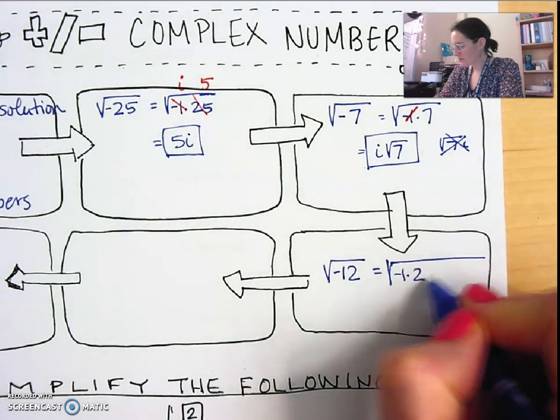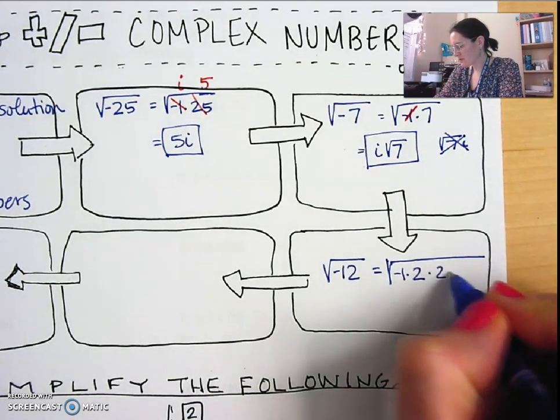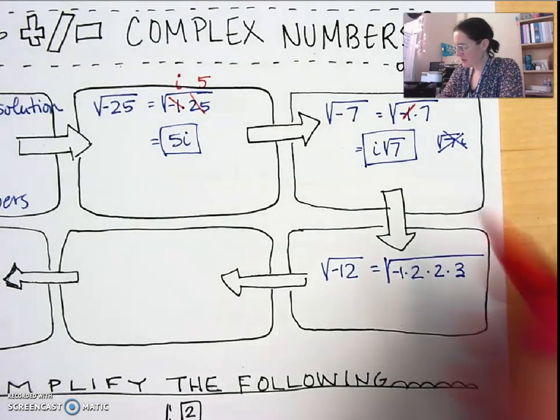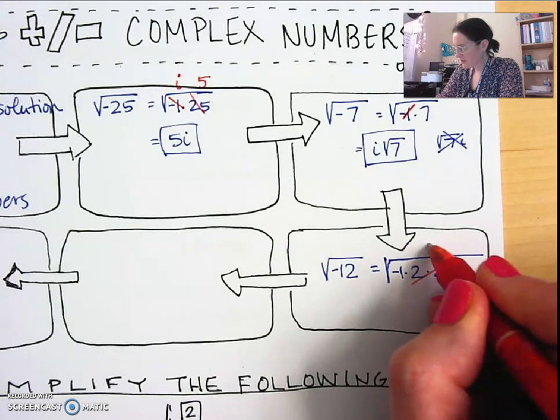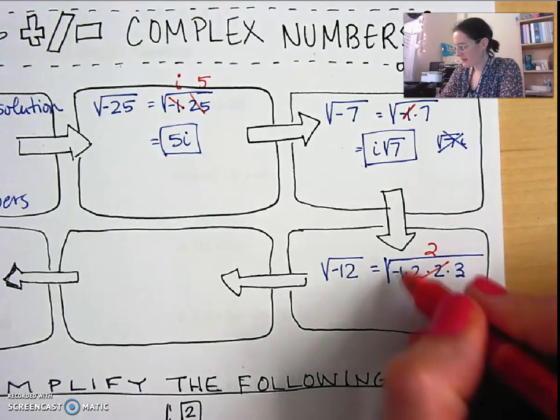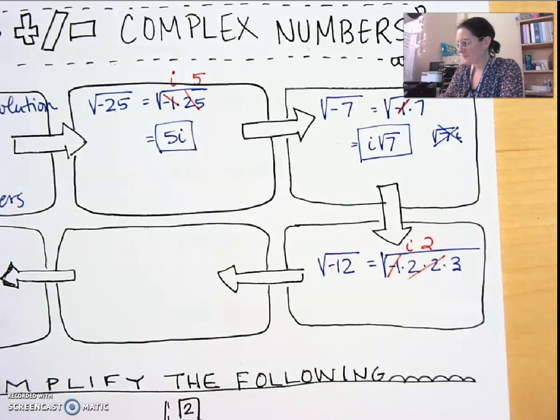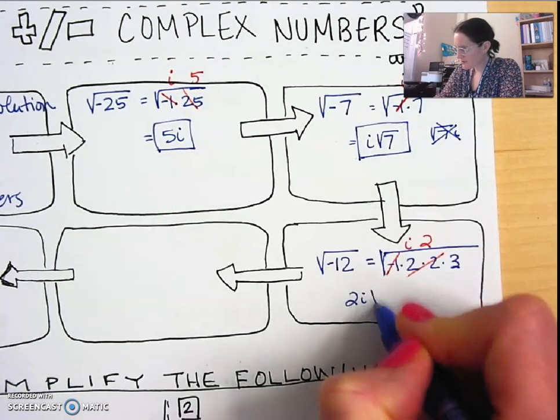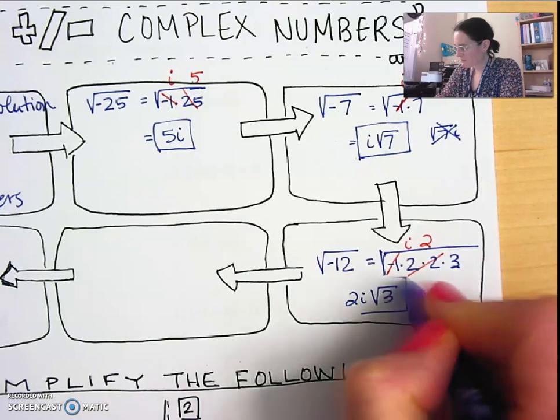It's 2 times 6, which is 2 times 2 times 3. And now I can simplify the pair of 2's. That brings one 2 out. And the -1 simplifies as i. So I'm going to multiply those together. That gives me 2i, and then there's still a 3 inside the radical.